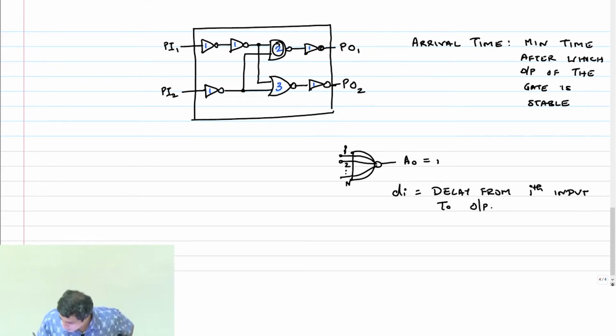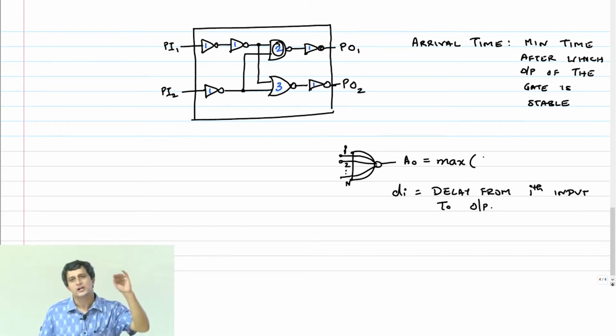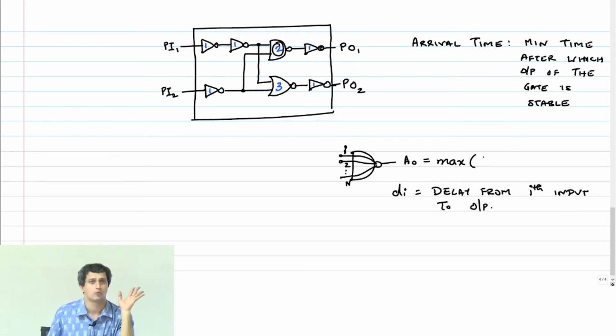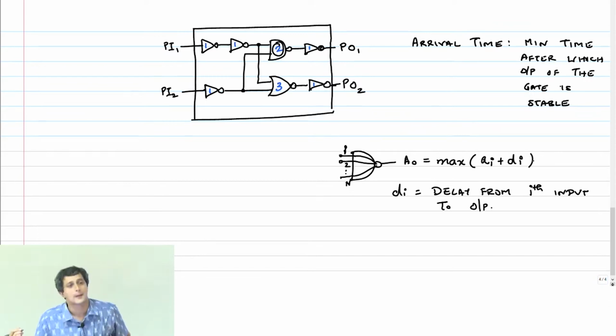Maximum of arrival time at the ith input plus the delay from the ith input to the output. Correct? So this is arrival time at the ith input plus Di. This I will say A, small ao. Clearly there is a maximum operation that we have to perform here.